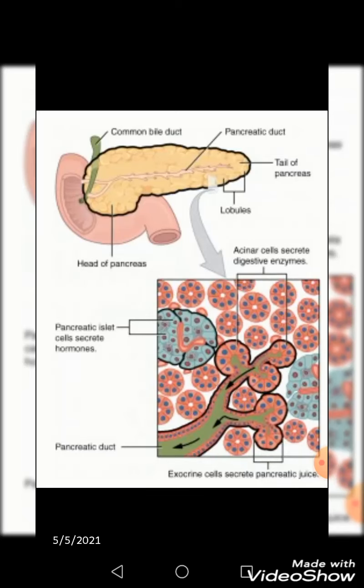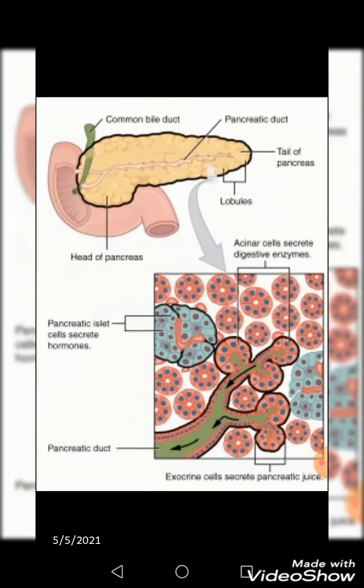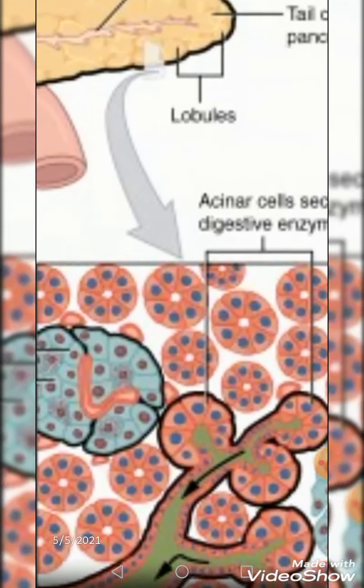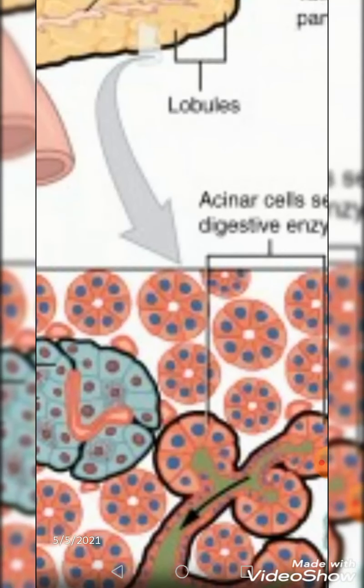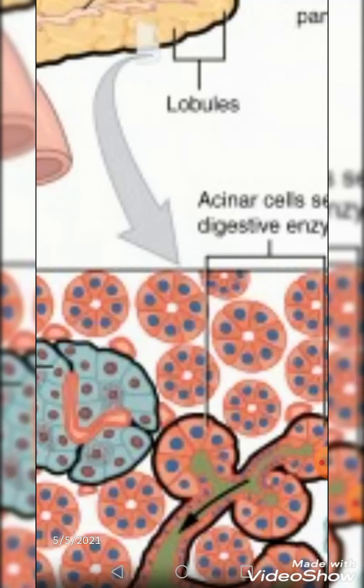In this picture you are looking at smaller acini, and if you concentrate on a single acinus, each acinus is made up of 40 to 50 pyramidal shaped serous cells, and they are enclosing a central cavity inside.